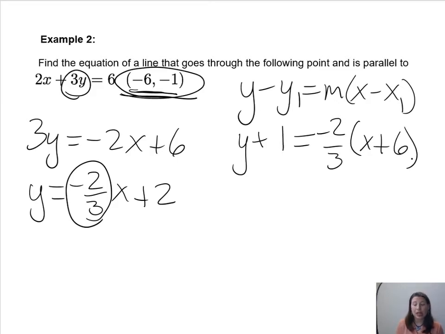That's our parallel line. Now be careful with formatting. They could just say, okay, answer box, what's the equation? Or they could say y equals answer box. So that means you have to get it in y equals format. That does not mean you need it in slope-intercept form. That just means it has to be y equals, right?